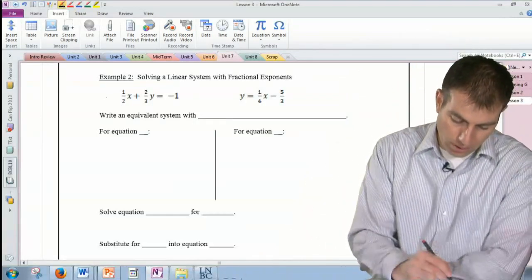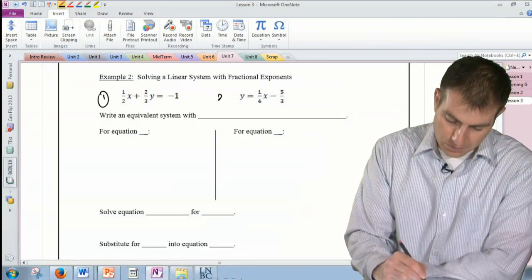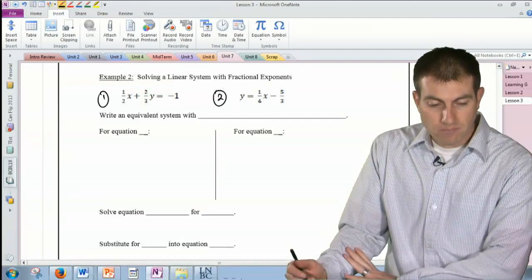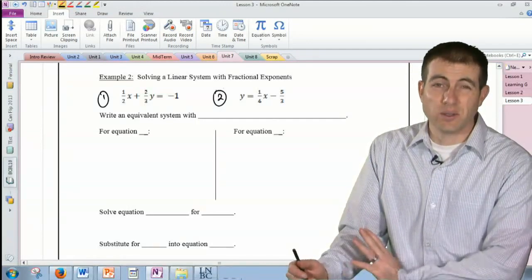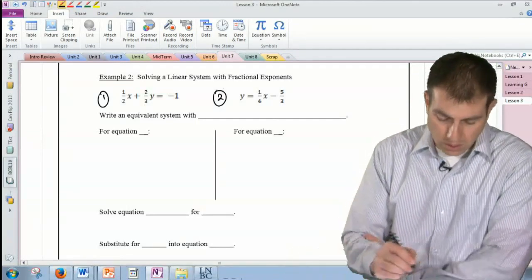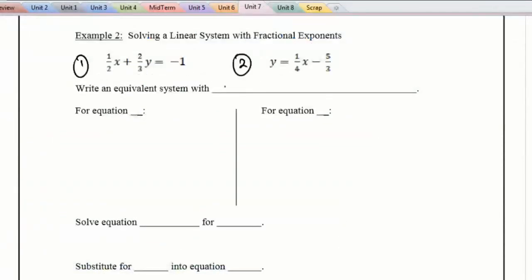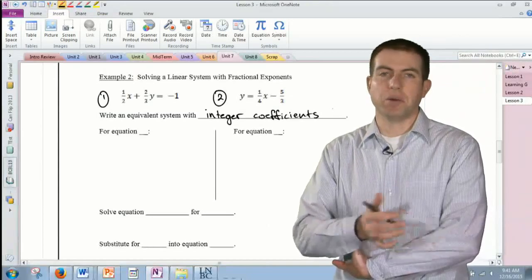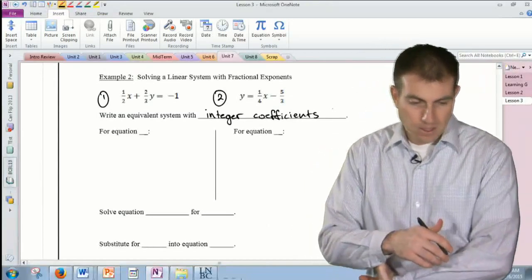We're going to label our equations first. So there's equation 1. There's equation 2. I don't like dealing with fractions. Generally speaking, students don't. So if we can write the system with integer coefficients, then we don't need to worry about fractions, which is kind of good.